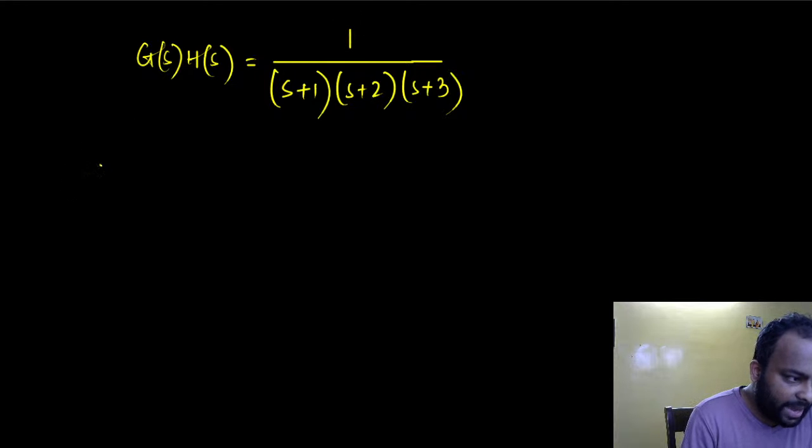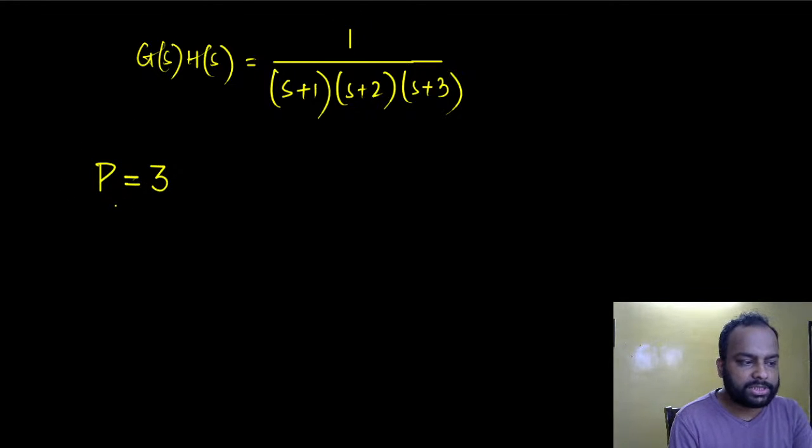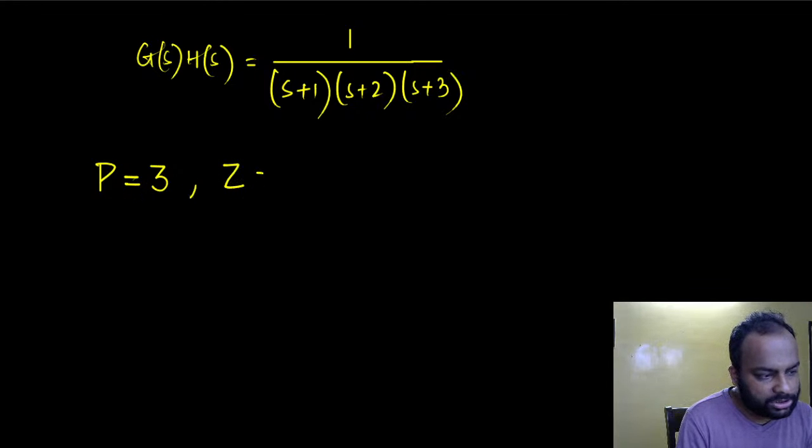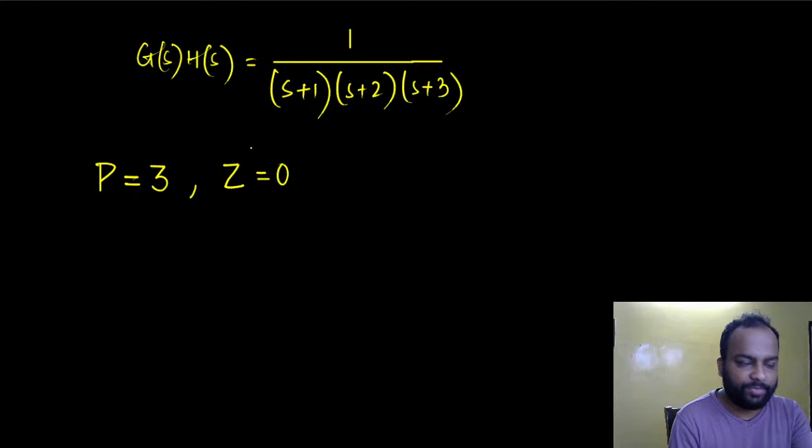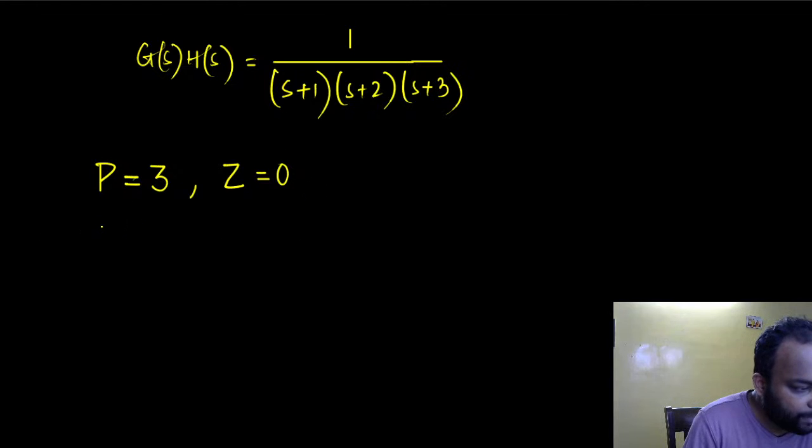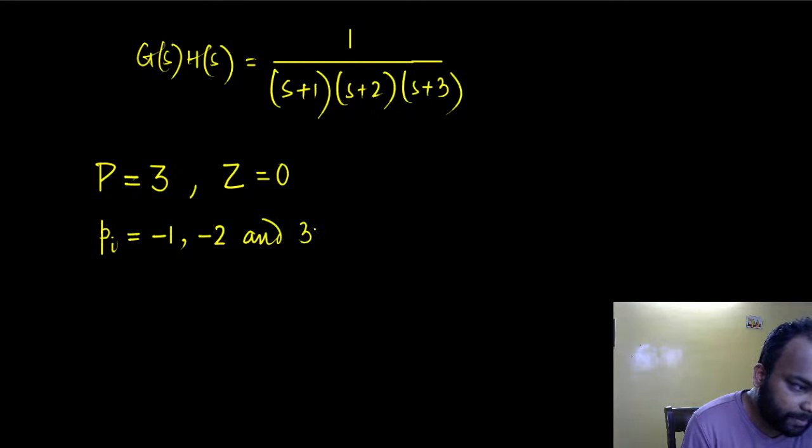So I'm saying right off the bat, P is 3. So the number of open loop poles is 3. The number of open loop zeros is 0. So there are no finite open loop zeros here, right? And what are the pole locations? Pi are the pole locations. Here these are at -1, -2 and -3. And what are Zi? Zi are not there.